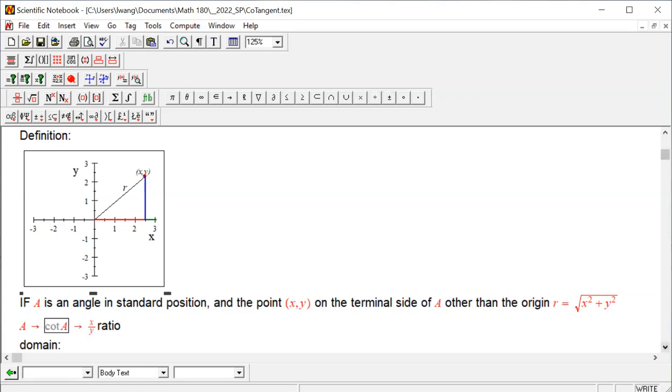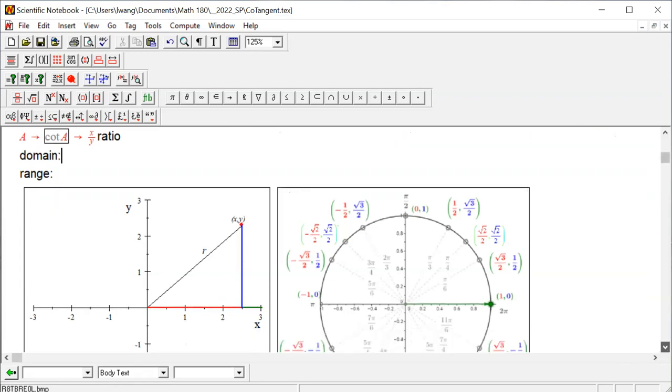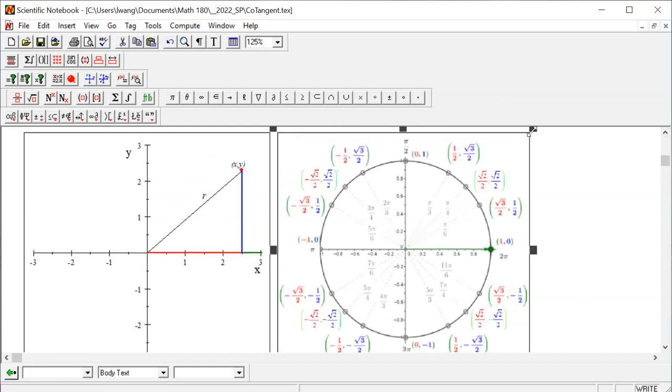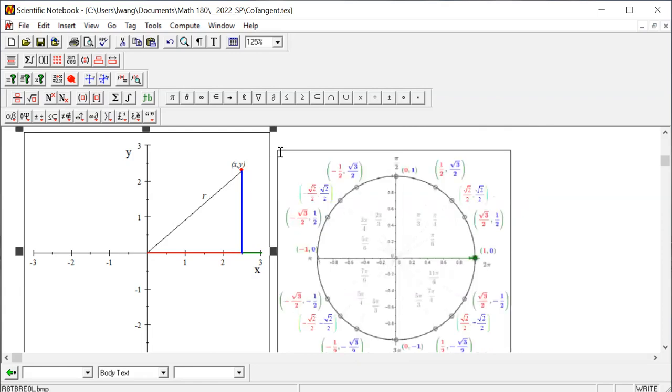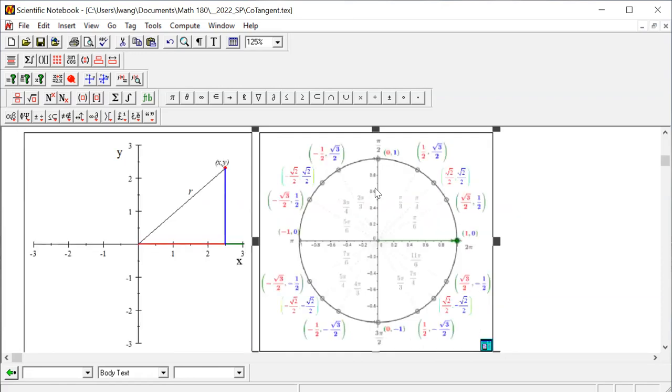Domain. Let's see how we're going to determine the domain. For the domain of cotangent, we can look at the unit circle. We just need to use the unit circle, and we get all the ratios for all six functions we need.